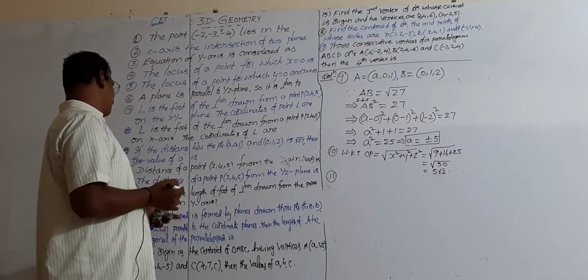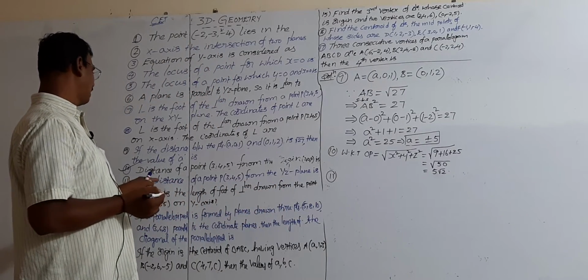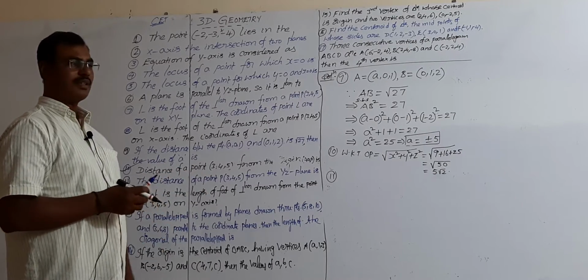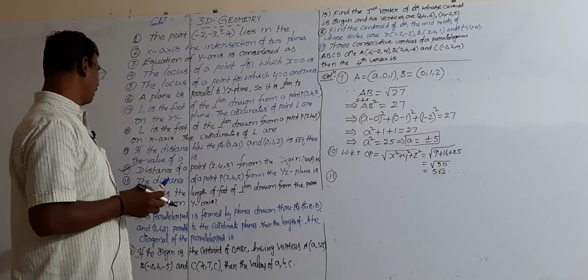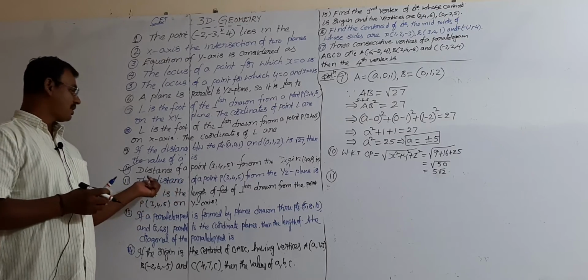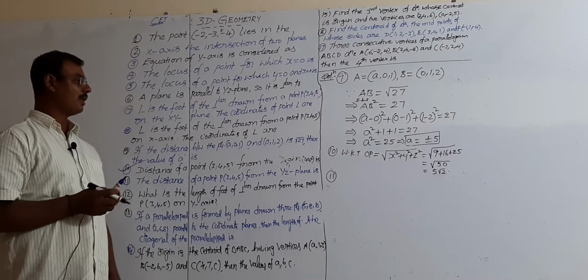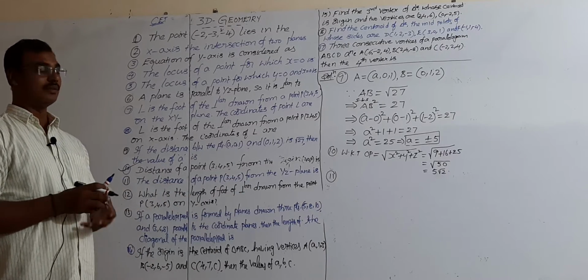The 11th question. Always read the problem; reading every question is important. The 11th question is, the distance of the point P(3, 4, 5) from the YZ plane.